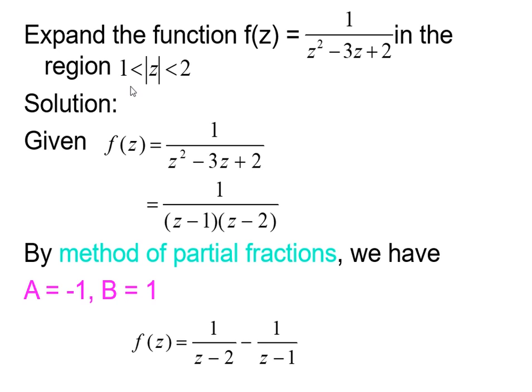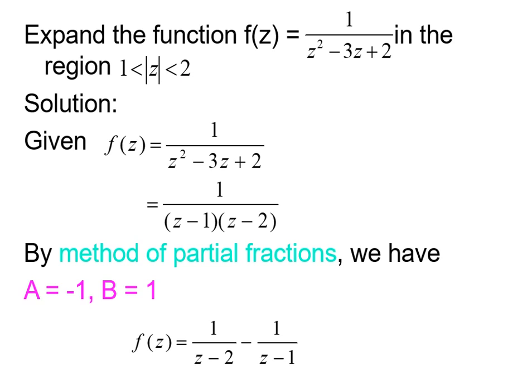and at the same time let us rearrange this f of z into the binomial expansions. The binomial expansions are valid only when mod z value is less than 1. Got it? So let us use the given region to find the region of validity.